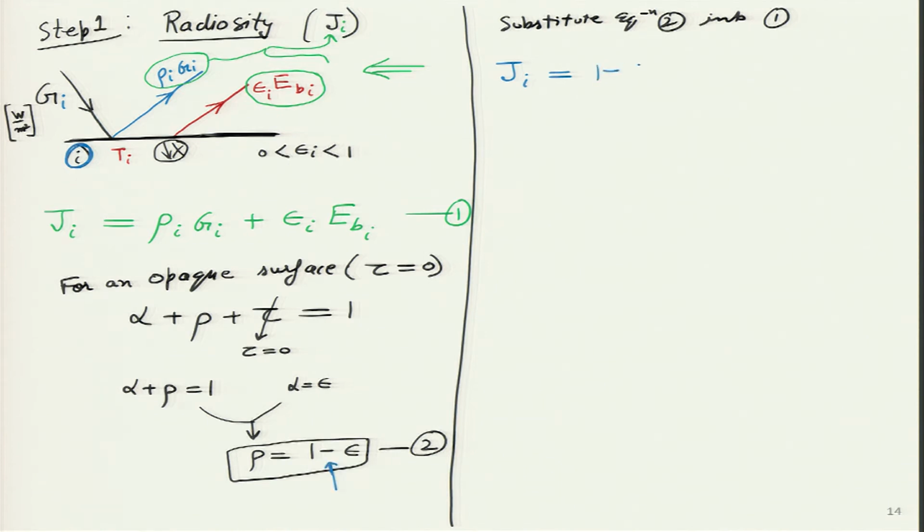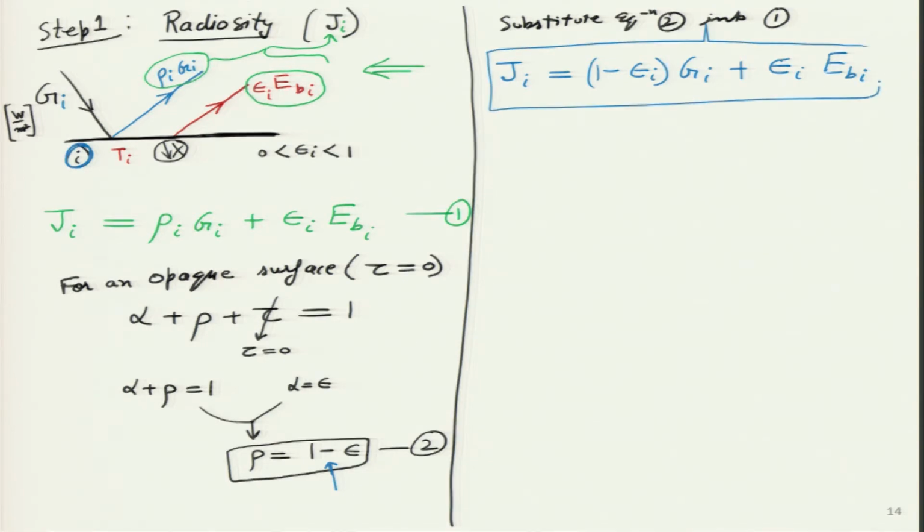So I get 1 minus epsilon I into G I plus epsilon I E B I. This is now a reduced or simplified form of the expression for radiosity that we wanted to introduce.